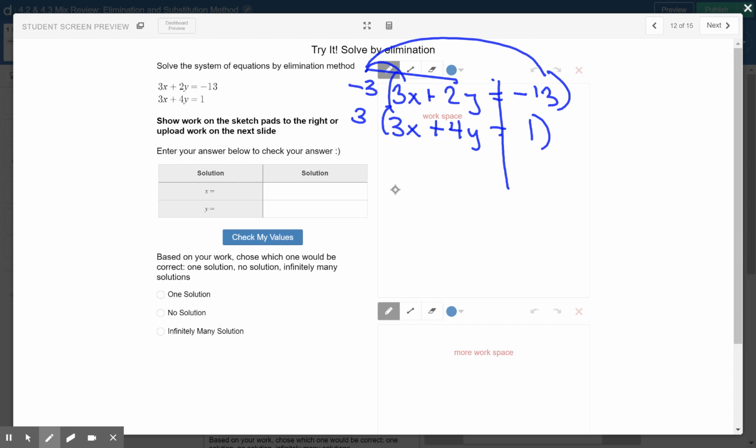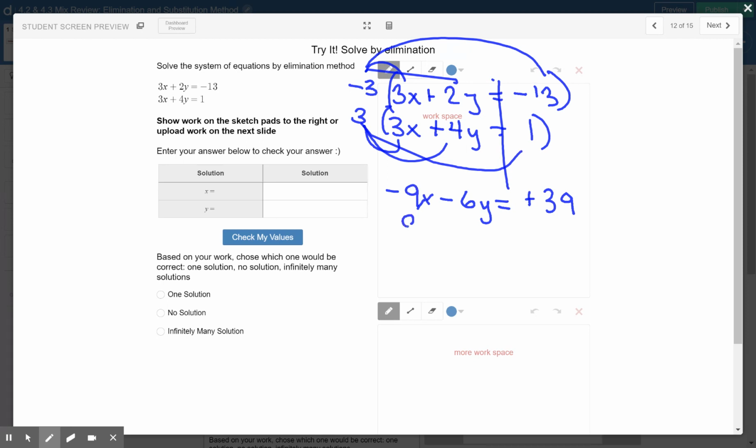So negative 3 times 3x gets you that negative 9x. Negative 3 times 2y gets you negative 6y. And then this gets you a positive 39. And now we're distributing the bottom.